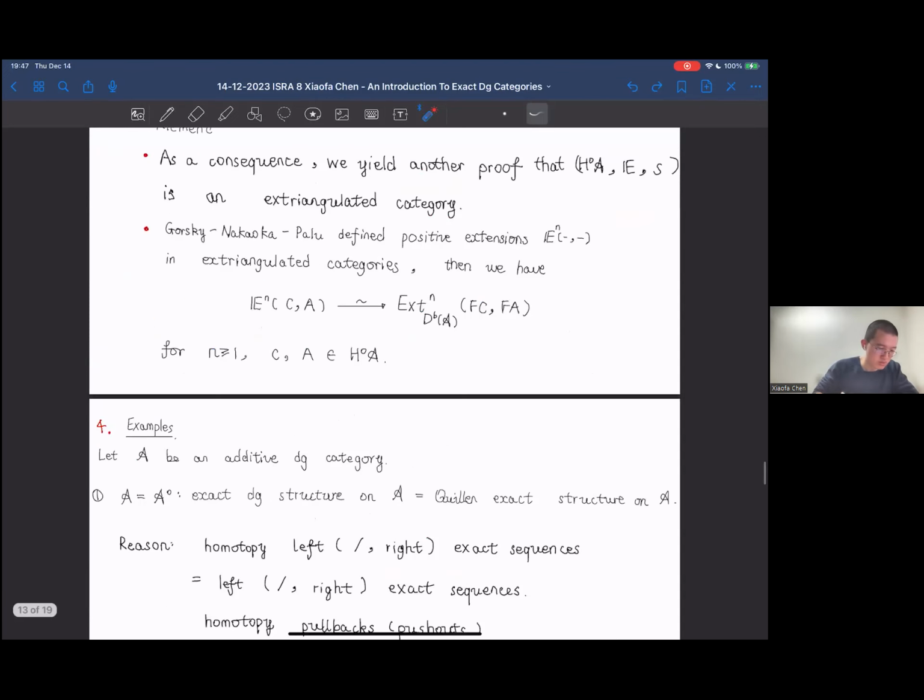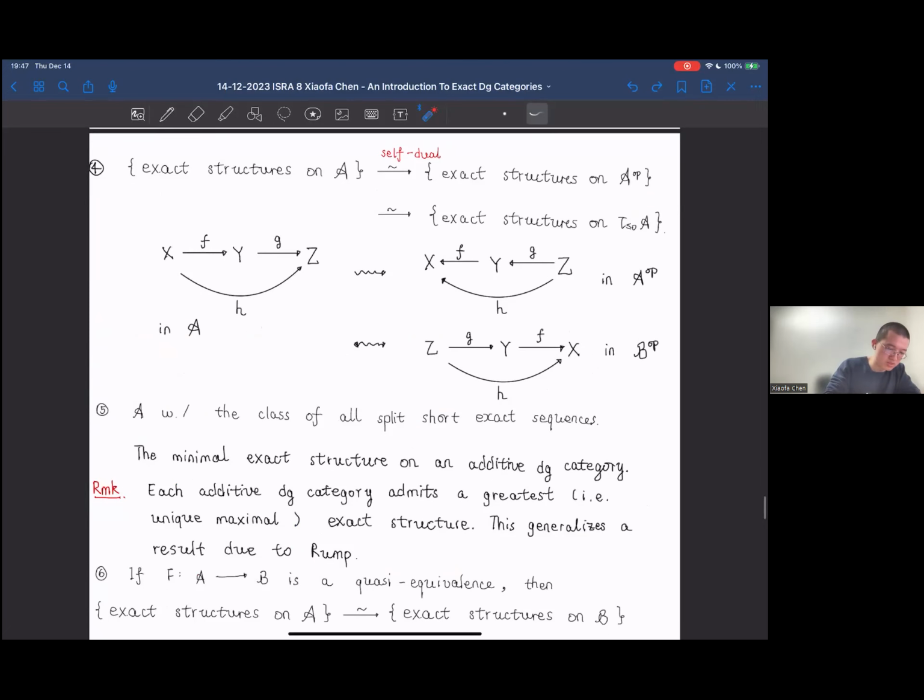Now, the notion of exact structure is self-dual.